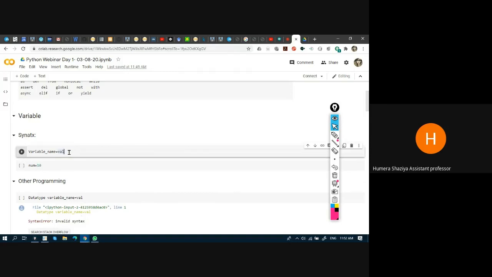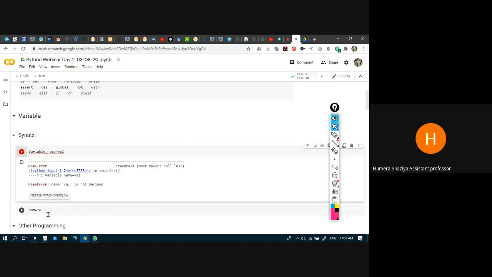When you select the code cell, you will find the play icon at the left most of the cell. When you hit this play icon, this cell gets executed. All right. There are other ways to execute this cell. Oh, variable name is equal to val. Val is not defined. Like this, you may get exceptions as well.